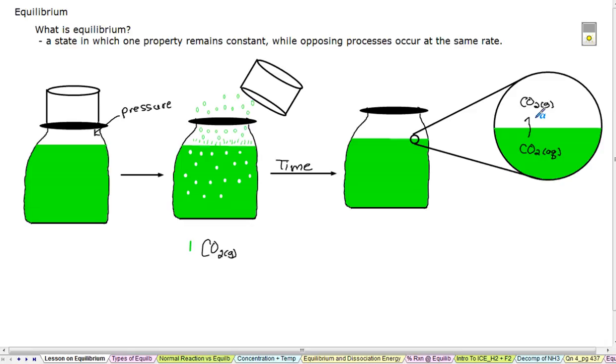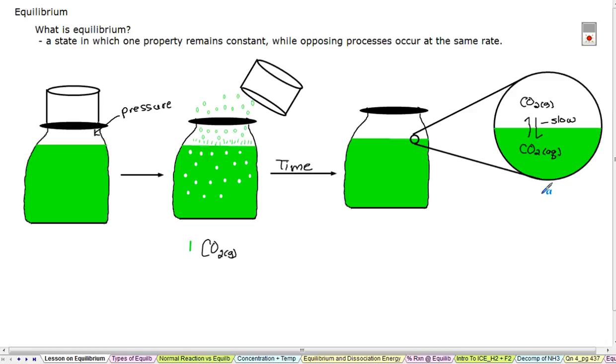But what we've reached is an equilibrium point where the number of CO2 molecules are going back into solution. Now, this is very, very slow. Indeed, it's so slow that when you take your breath right now, the carbon dioxide that you are breathing out, half of it would take about 100 years for it to be dissolved back into water, say in the oceans or lakes.